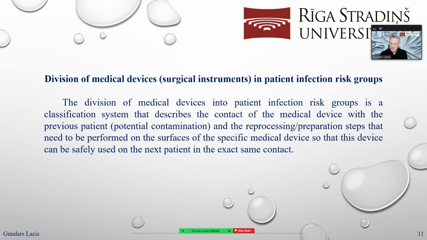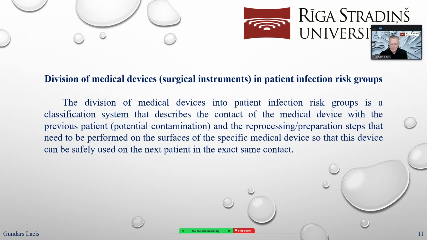But here is one specific classification system. You don't know this, but at least you have to know that the system exists. If you know this, it will be easier for you to understand why sometimes it takes a lot of time to prepare instruments for you, and it cannot be done as fast as possible.